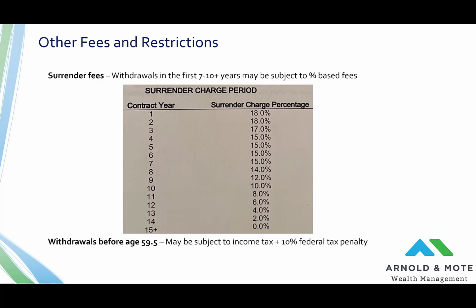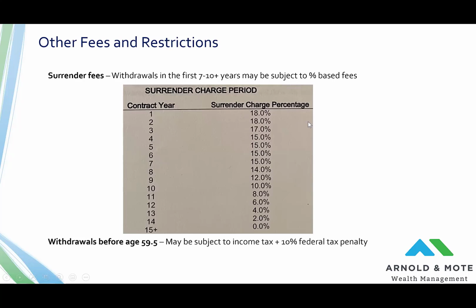The biggest one, I think, is surrender fees. And so this is essentially a lockup. When you purchase an annuity, you have to check and see if there are surrender periods for this annuity. This is a screenshot of an annuity we saw from a client. And what this is saying is a percent charge if you withdraw your money from that annuity in a certain year.